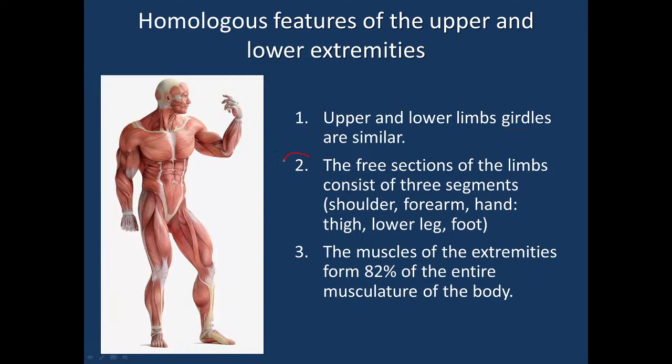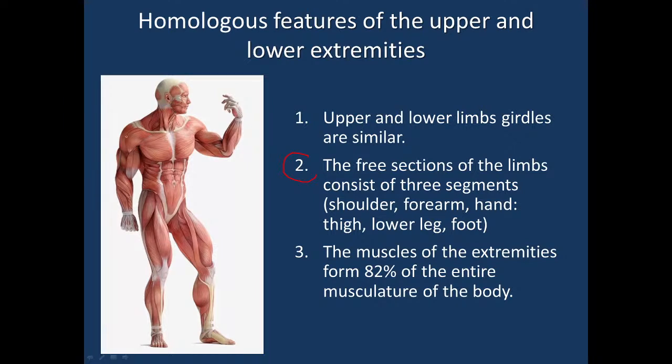The second feature of the upper and lower limb is the free section. We distinguish the free section of the limb, and every section has three segments.